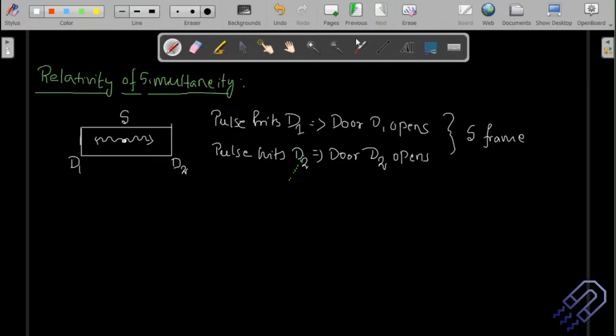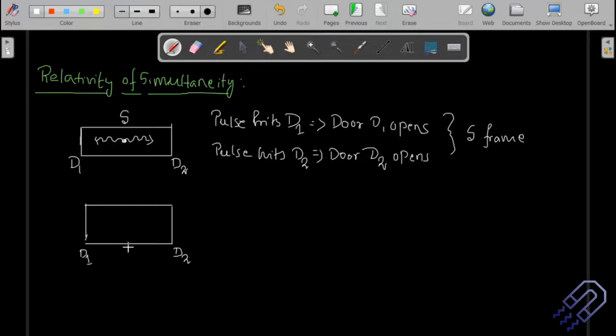So what we are going to do is draw this again, in the same color. This is again the same thing happening, but this time you are not inside, you are outside, observing it from outside. This is D2, this is D1.